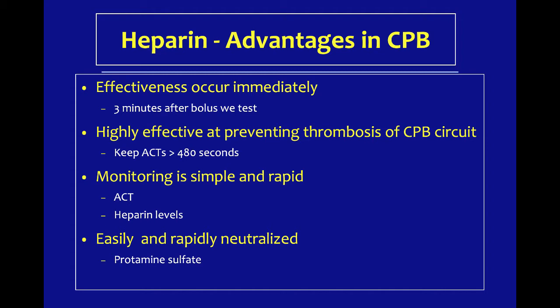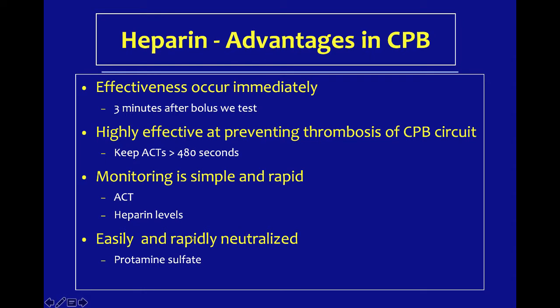We can monitor the activated clotting times, and we can measure heparin levels. And that's very important. A subject of a later lecture on alternate anticoagulants shows that monitoring those other anticoagulants is very difficult and time-consuming and not quite as simple.